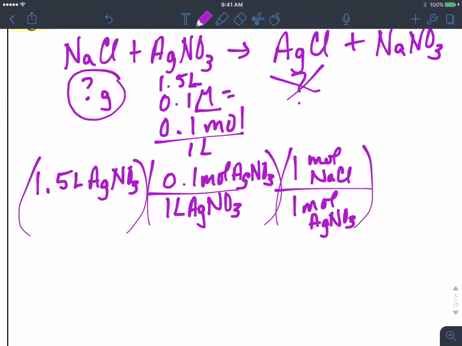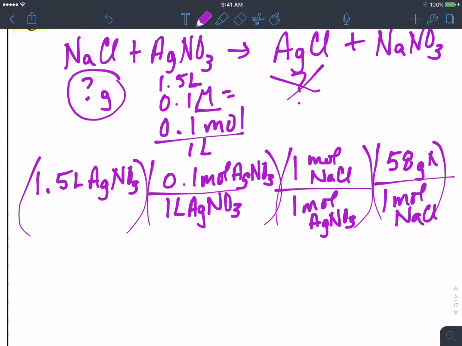And now that we know how many moles of NaCl would have to react, we can calculate the mass of NaCl. So 1 mole of NaCl, we know, weighs roughly 58 grams. If we then go through and cancel out our units, you'll see that we are left with an answer in grams of NaCl.